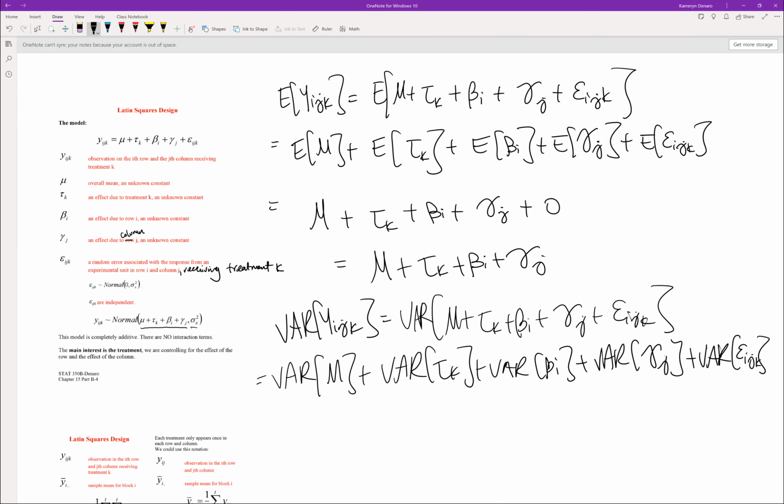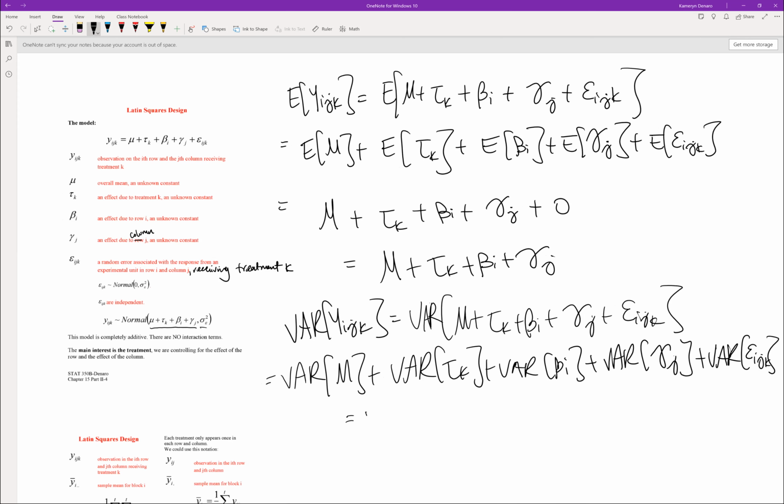Now the mu's, the taus, the betas, and the gammas are all independent of the epsilon ijk's, so there's no covariances to worry about. And since mu, tau k, beta i, and gamma j are all unknown constants, they shouldn't vary and their variance should be 0. So we're just left with the variance of epsilon ijk, and the variance of epsilon ijk is sigma squared epsilon. And so we also get that the variance of yijk should also equal sigma squared epsilon.